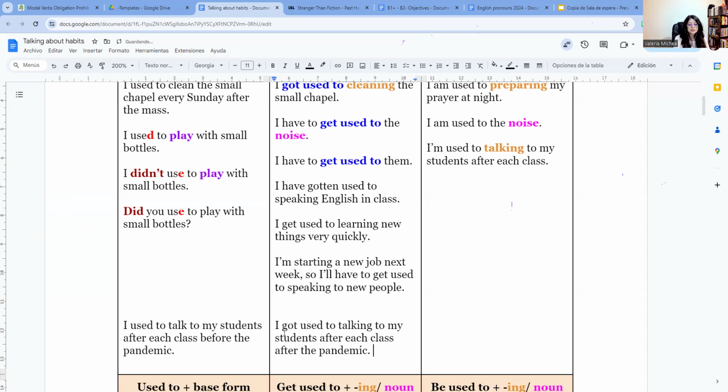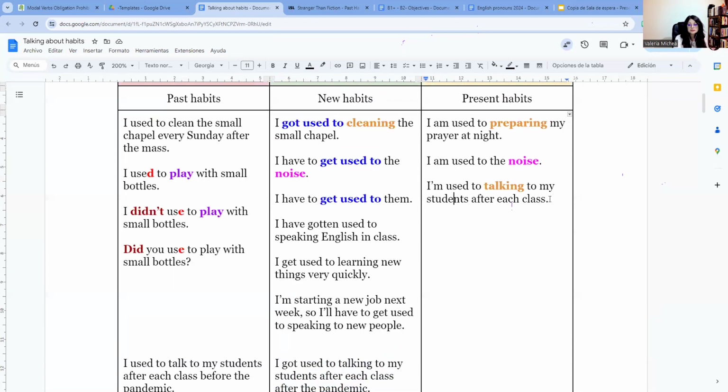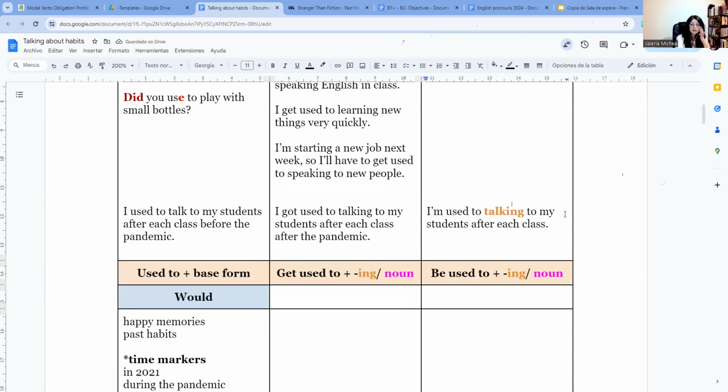All right, so then we are going to change it. It wasn't a habit that I used to have in the past, but something happened and I had to change, okay? And finally, we have this example. Let me move it to the bottom. So I'm used to talking to my students after each class, all right?